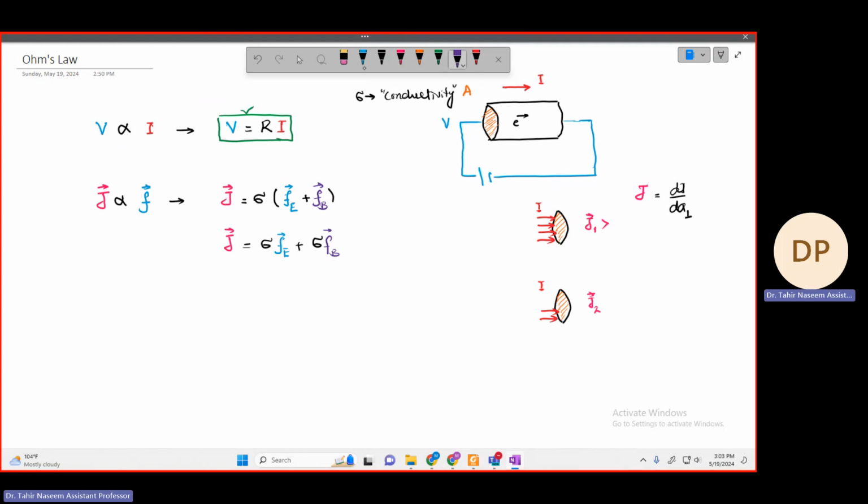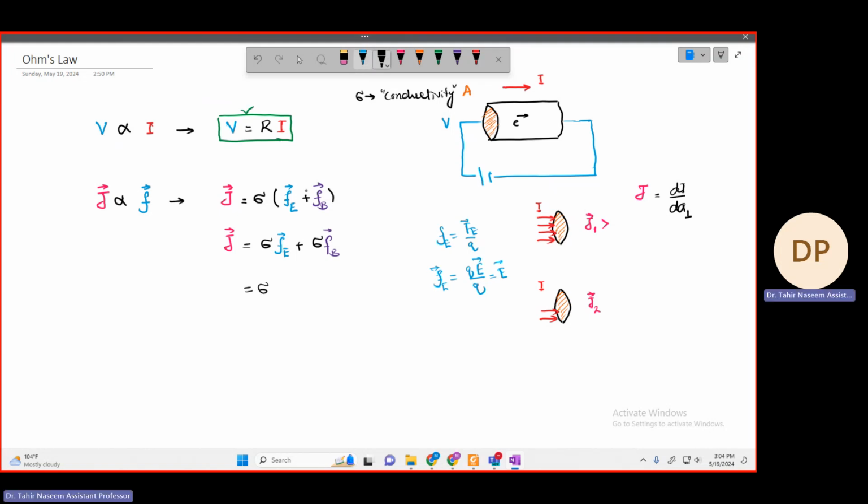Okay, what is Fe? Force per unit charge, right? So Fe, electric force per unit charge, will be the electric force divided by Q. And what is the electric force? This is Q times E, divided by Q, which is equal to E. So Fe is equal to the electric field, right?